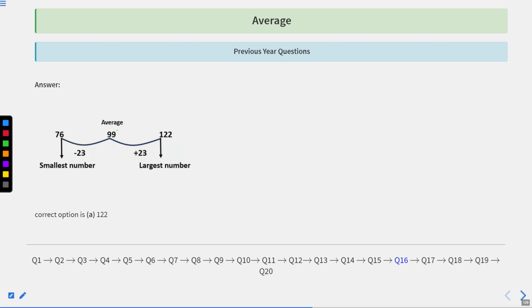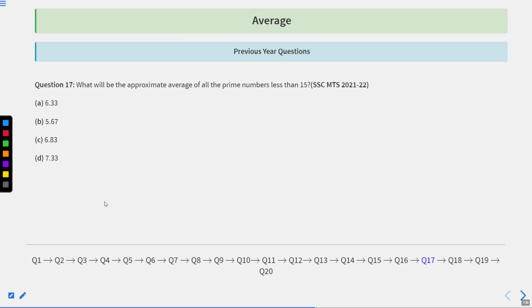So 99 is the middle term, and there are total 47 values. So 23 will be on the right and 23 will be on the left. We are interested in the largest value. So 23 values from the right is option number A, 122.